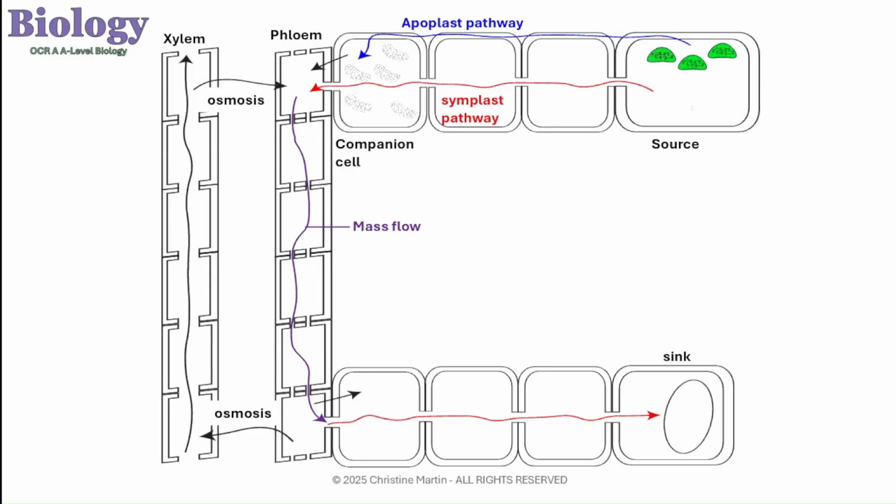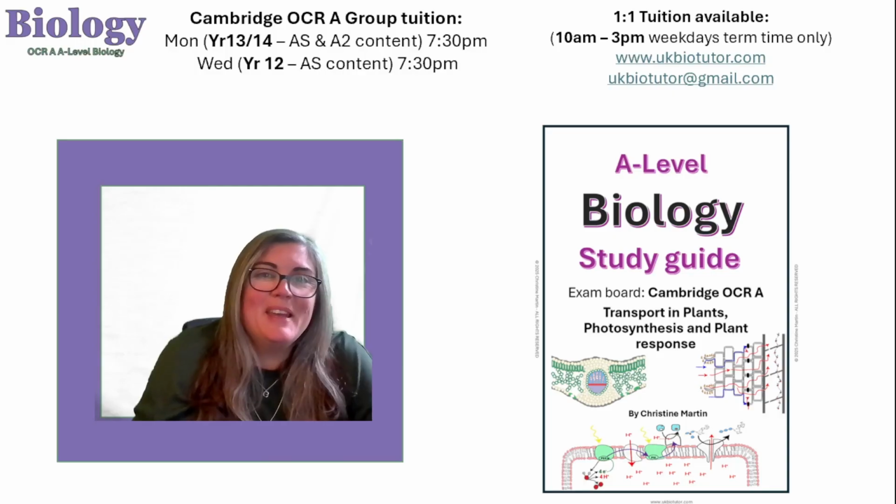This increases the water potential of the phloem, causing water to now leave by osmosis. Consequently, the hydrostatic pressure decreases, maintaining the pressure gradient that drives the mass flow. So the movement of the assimilates, the loading, the mass flow, and the unloading in the phloem is known as translocation.